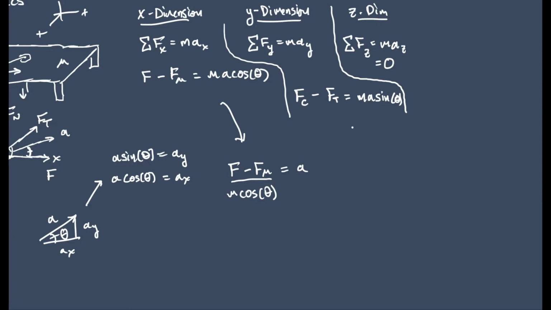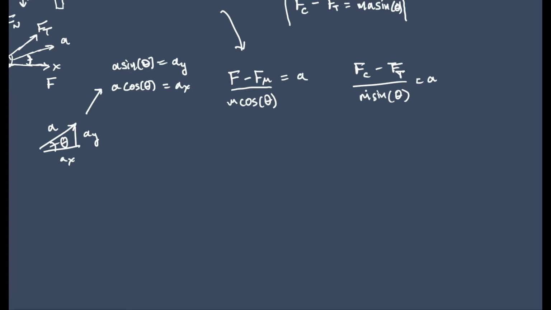So there's one formula, and then we have Fc minus Ft over m sine of theta equals A. Okay?